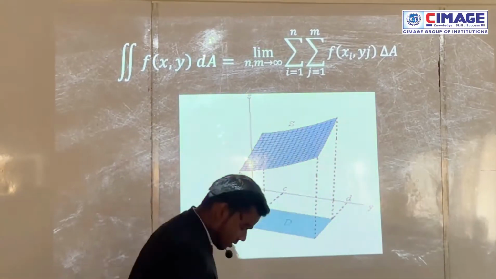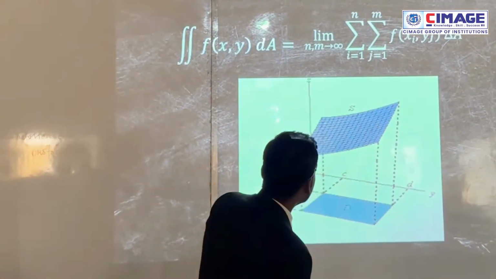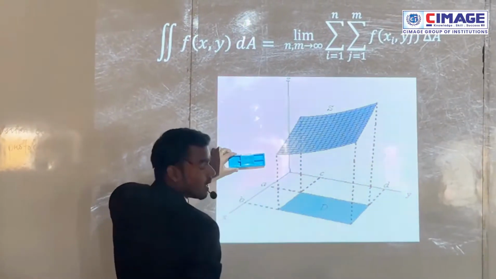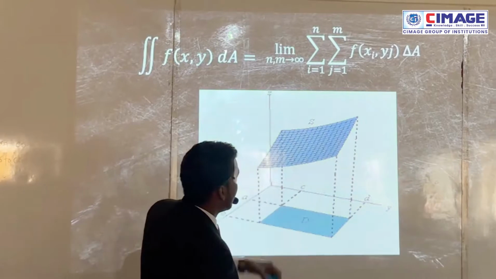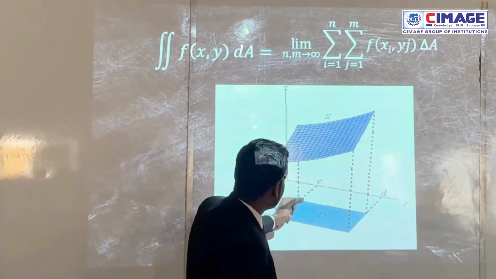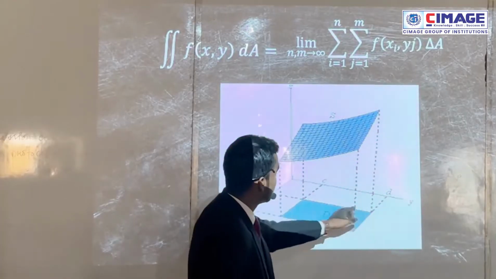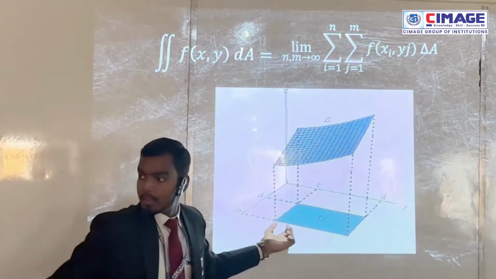But in double integration, we assume two variables, first the x variable and second the y variable, to find the area. For more clarification, I have projected this on the y-axis, so you can understand it better.